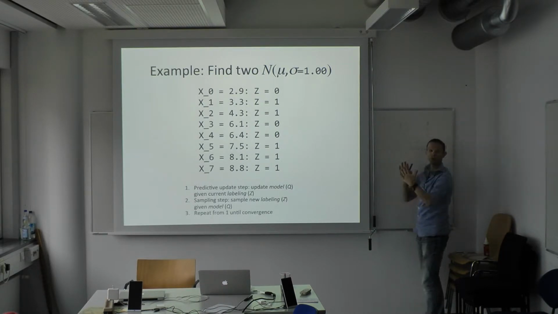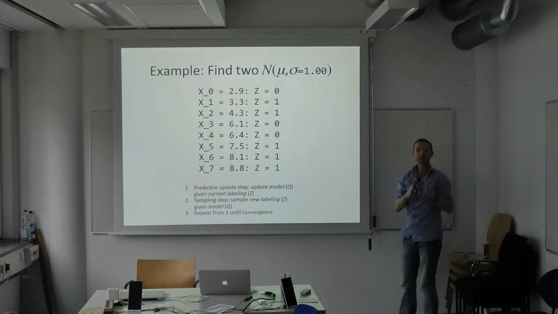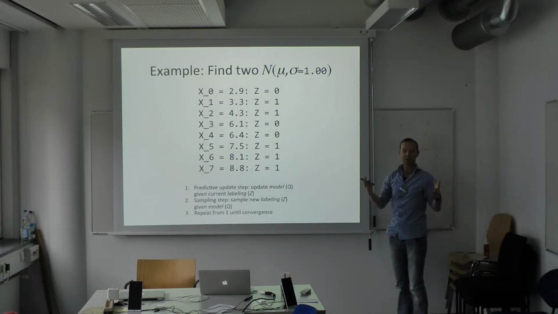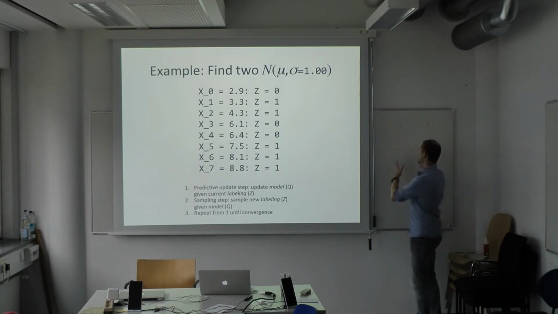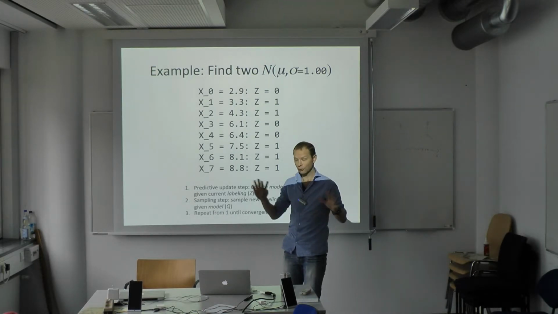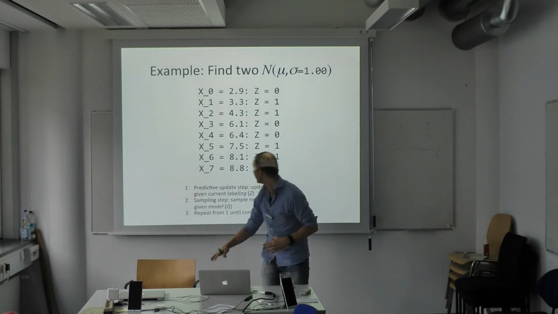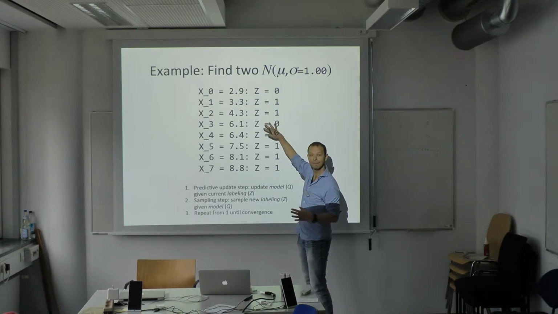But in this case, I'm going to assume that we have a constant variance. I will stick to 1 as a variance, but we could equally well incorporate the variance as a parameter of the model here. So the only thing that we're looking for are the two means of those two Gaussians. But this is just to illustrate the idea behind it. So we start off with just random assignment of these labels here.